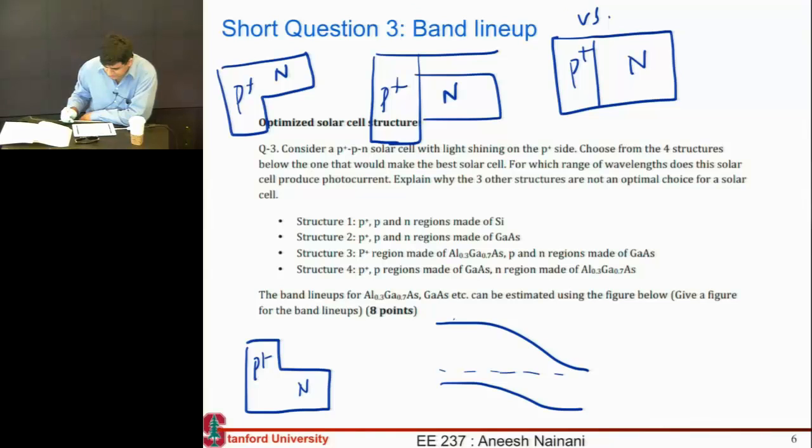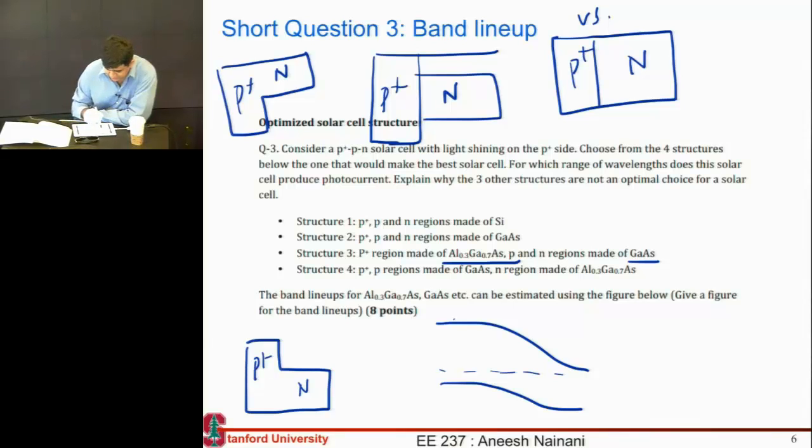This is the point you should look up over here. For example, this aluminum gallium arsenide has a band gap which is greater than gallium arsenide. But how should it line up with respect to this? And does it give any improvement? How does it improve your cell?